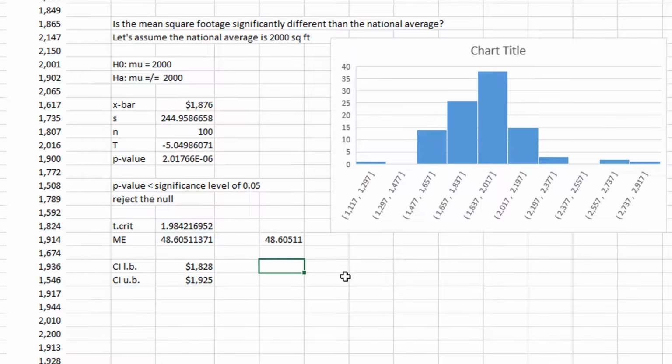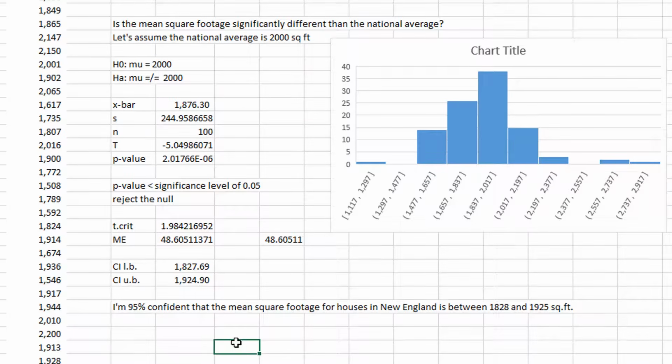So what can you say? I would want to see a statement that's something like this. I'm 95% confident that the mean square footage for houses in New England is between 1,828 and 1,925 square feet.